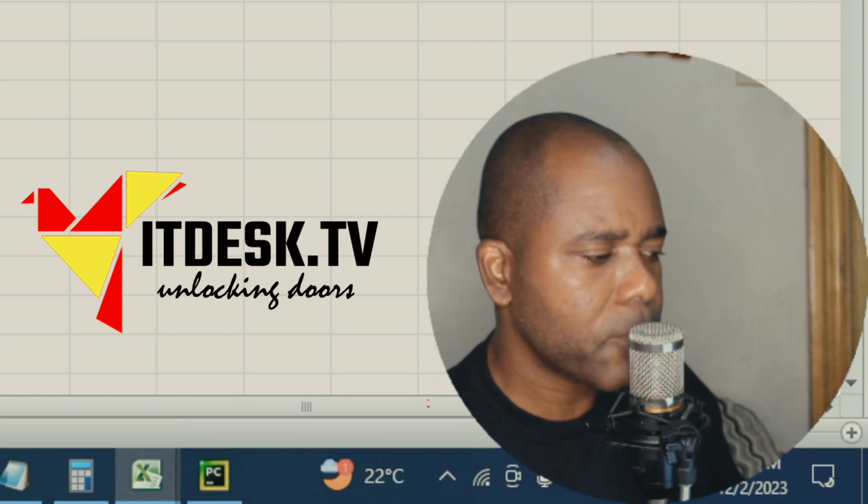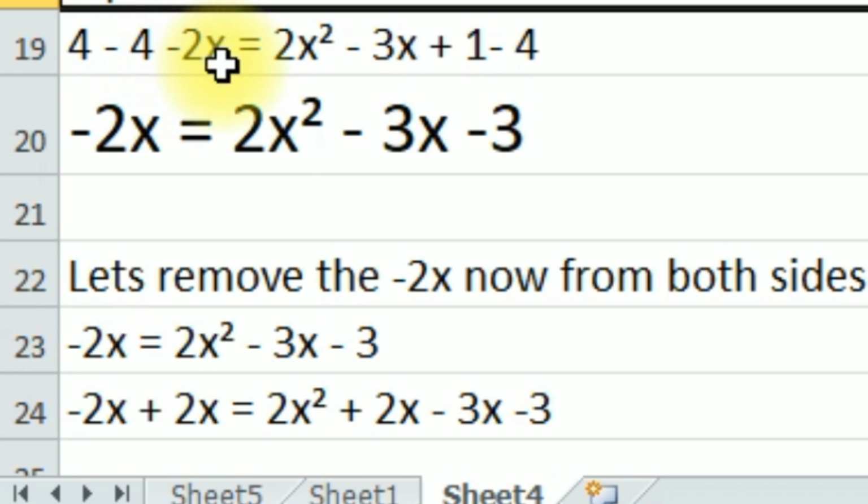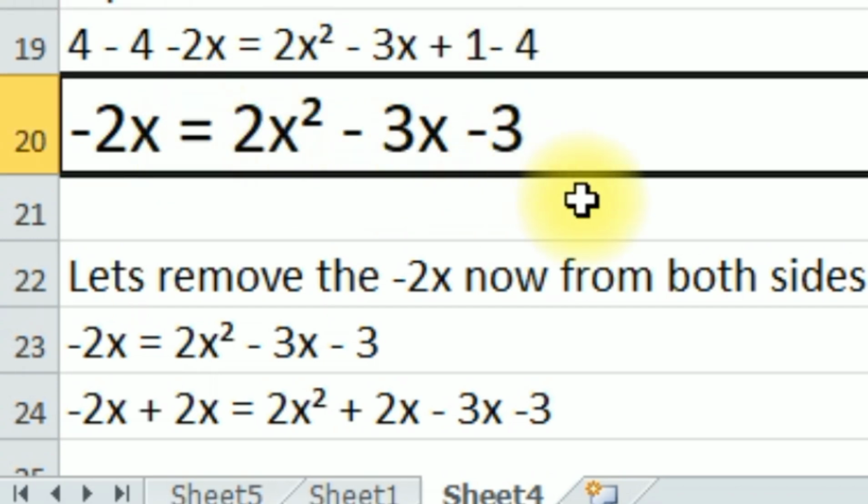So 4 minus 4 minus 2x is equal to 2x squared minus 3x plus 1 minus 4, because that's the same minus 4 that we just put on the left coming back over on the right. Now the equation looks like this: minus 2x equals 2x squared minus 3x minus 3. See, the equation is getting smaller.